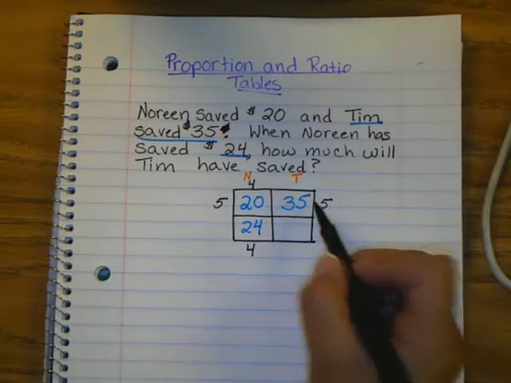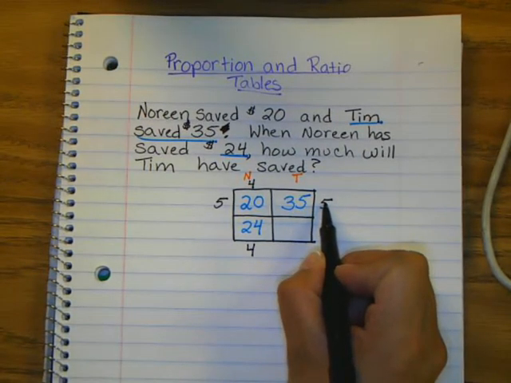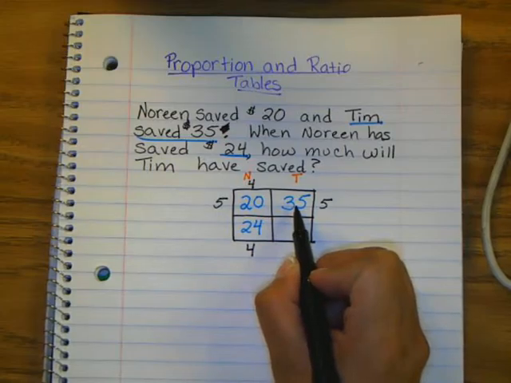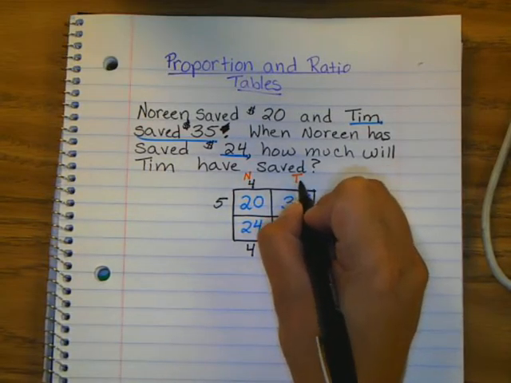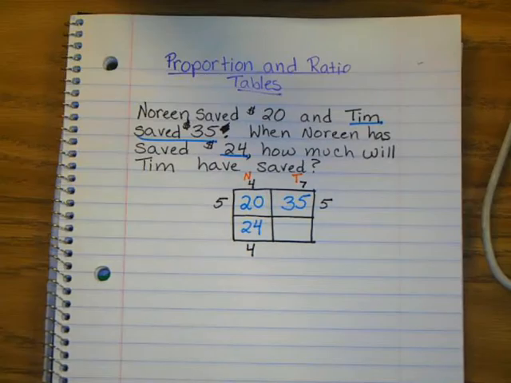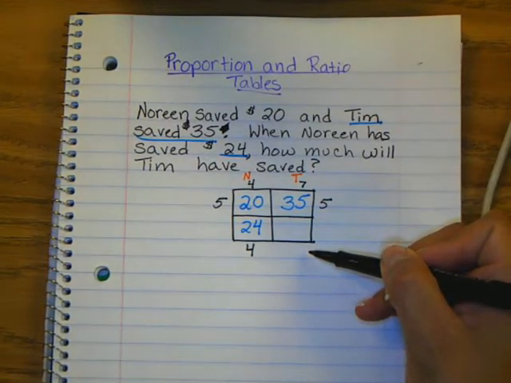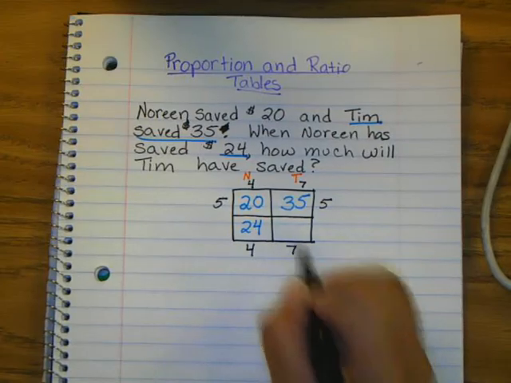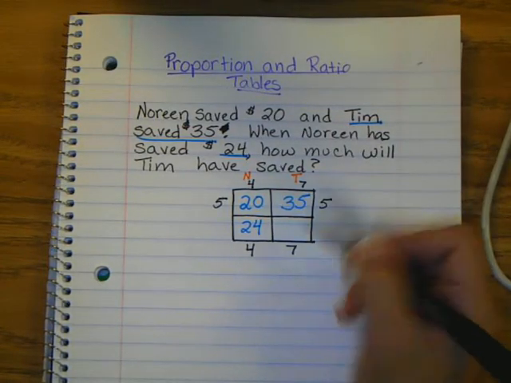Now I have some clues. I could come over to my 35 and think 5 times what is 35? 7. Do you guys see where those math facts come in handy? If I have a 7 here, what do I have to have down here? A 7.